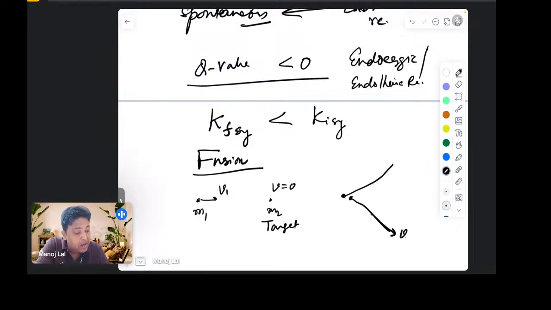This is V2 dash, and this is E1 dash, and this is the line of the initial direction. Particle 1 is deviated through an angle theta 1, and particle 2, which was the target particle, is deviated through an angle theta 2. Say this is mass m1 and this is mass m2.